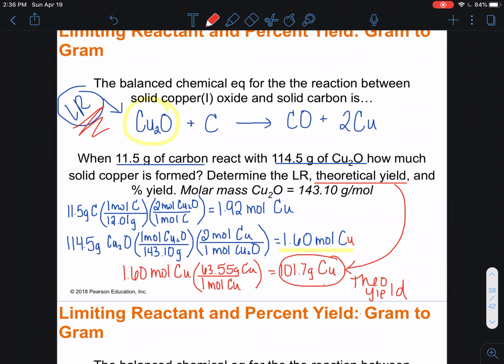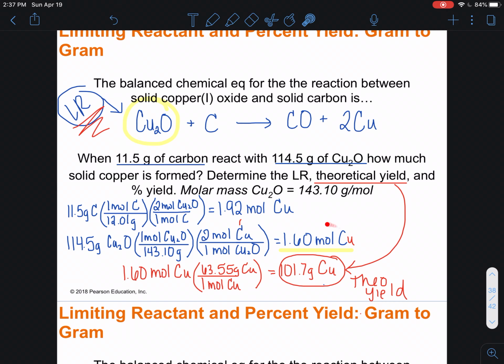Okay. So this was again a mass-to-mass conversion, but when you are determining the limiting reactant, which is what we did here, even though you're given grams of starting material, you convert it to product, and you can stop at mole product. You can stop because since we're in mole copper here and mole copper here, it doesn't matter if you convert it to grams or not.